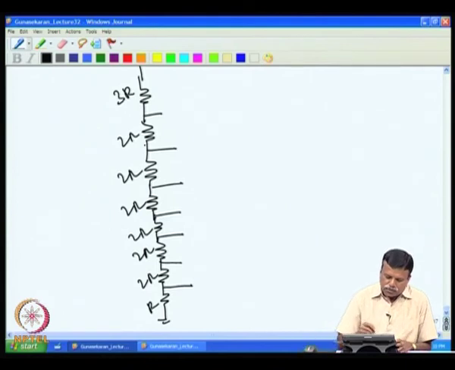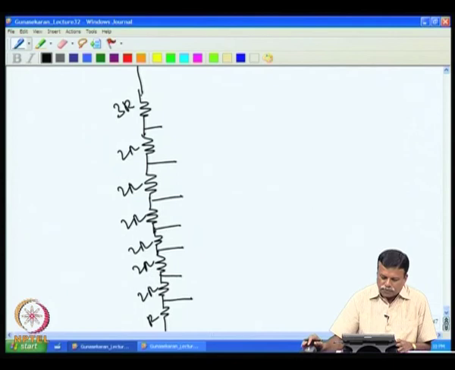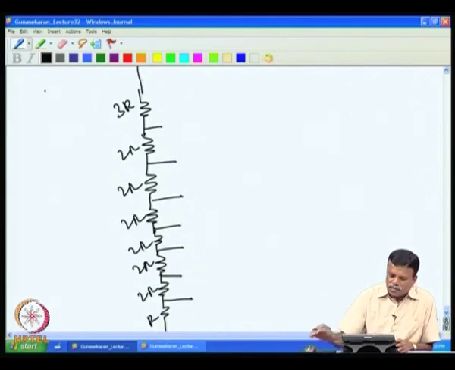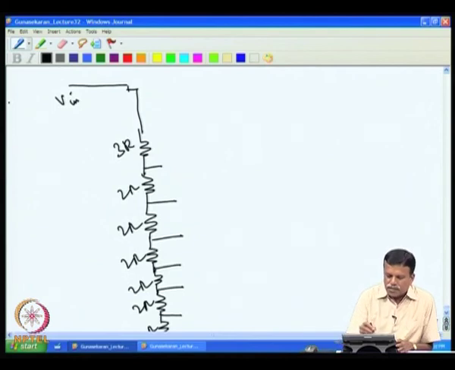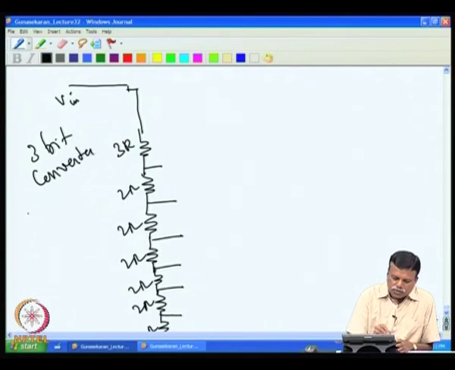So, we will have 1, 2, 3, 4, 5, 6, 7, 8 resistors. Actually we need a 3 bit converter, this is a 3 bit converter. For a 3 bit converter, that is 2 power 3, that is 8 resistors required.